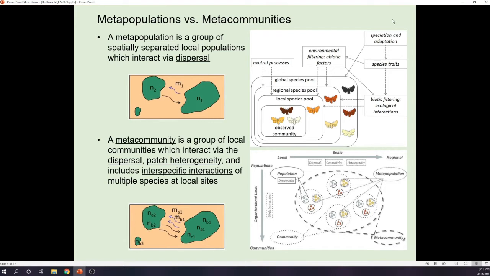In a metacommunity sense, this is broadened to include a larger scope compared to a traditional community. Other than dispersal, as with a metapopulation, there are other considerations, such as patch heterogeneity due to differences in the environmental conditions at an individual site. There are also interspecific interactions, based on how different species interact within local community assemblages.